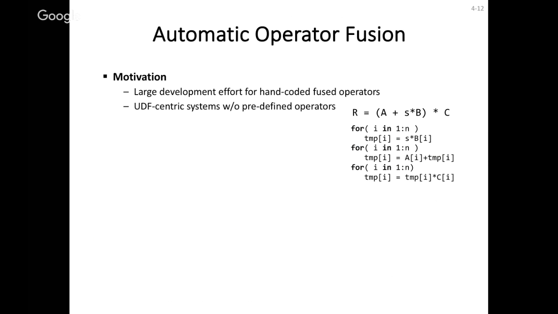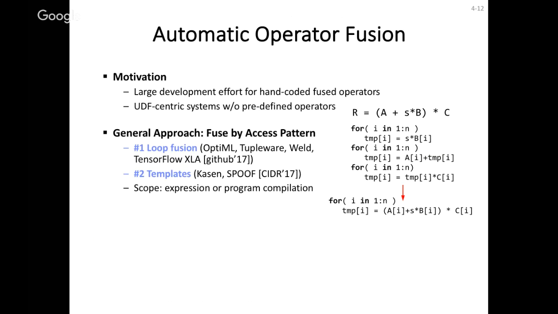Now, how can we automatically generate those kinds of fused operators? Of course, there's a large development effort associated with implementing all combinations for different sparse and dense inputs and for certain patterns of operations. So, we really want to do that automatically. There are two main approaches that are typically applied. One is loop fusion, where, like on the right-hand side, an expression of matrix operations can be viewed as essentially multiple loops that create intermediates into main memory.